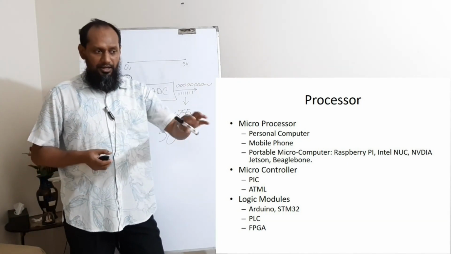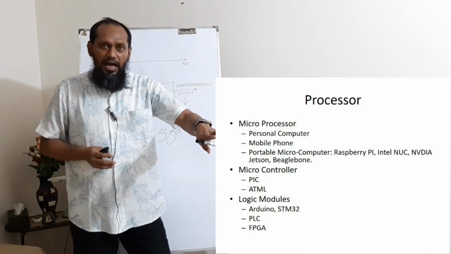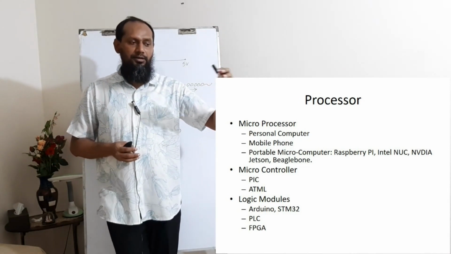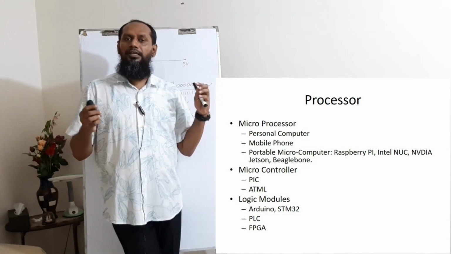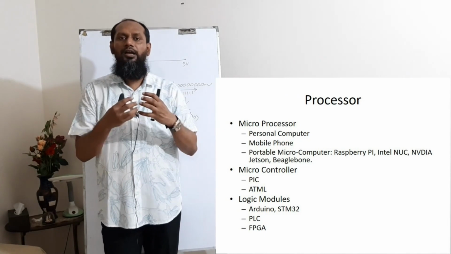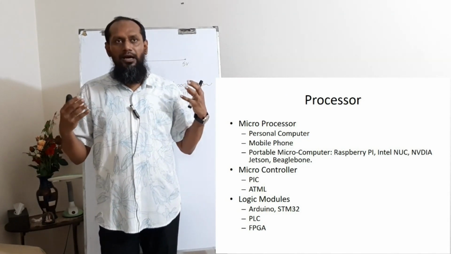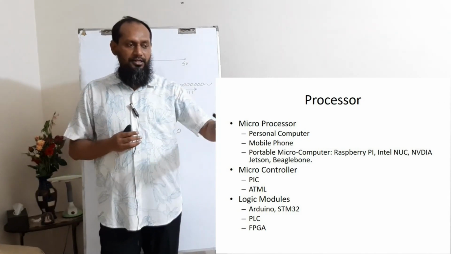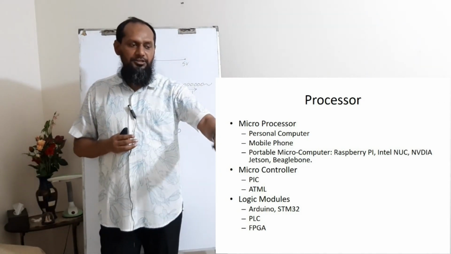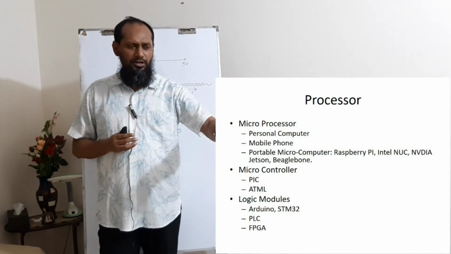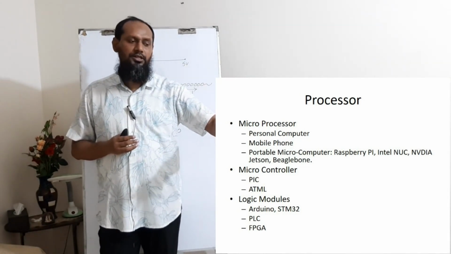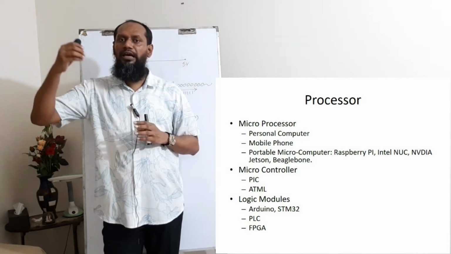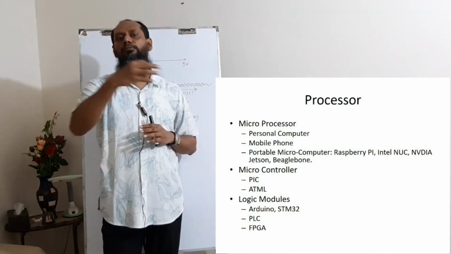But the portable microcomputer is a bit different from the upper one, because devices like mobile phones and personal computers cannot connect to hardware or low-level devices very easily. But portable microcomputers like Raspberry Pi, NVIDIA Jetson, and BeagleBone have GPIO, so we can connect a sensor directly with the computer.